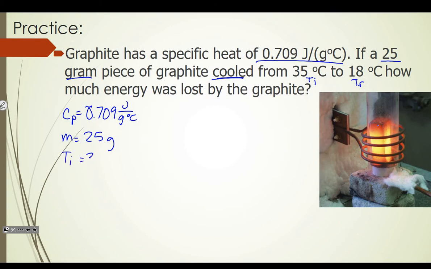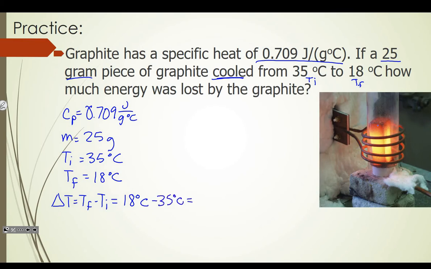Ti was 35 degrees Celsius. Tf was 18 degrees Celsius. Okay, delta T is Tf minus Ti. That means 18 degrees Celsius minus 35 degrees Celsius. So I'm going to end up with a negative 7? 17. I was going 7's a little small, but that's okay.